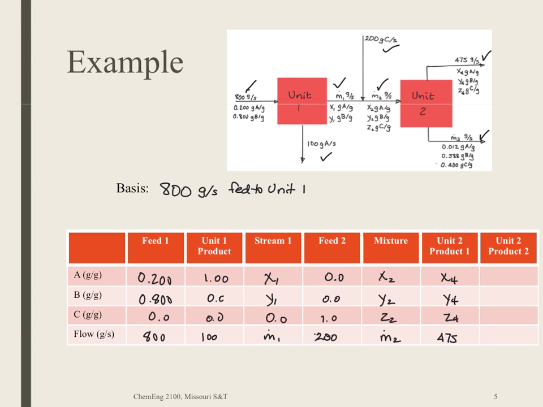And for the other, I know the composition, but not the flow rate. So the material table is not any more complicated than it was before. So let's look.